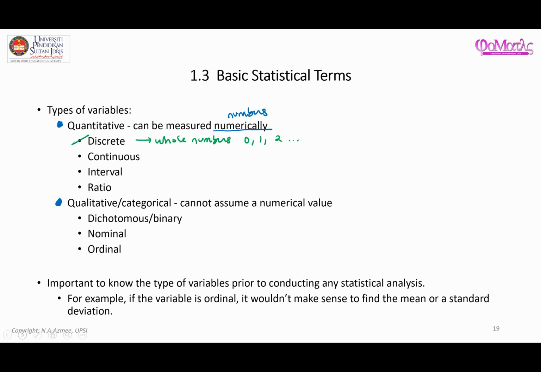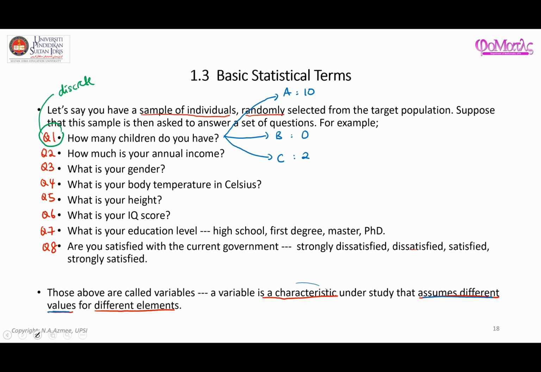As an example, this is a continuous variable because somebody's annual income can be 50,436 and 66 cents, and somebody else can have an annual income of 100,000 and 345 ringgit 0.73 cents. So it can be any values, and the values are not limited at all. So this is an example of a continuous random variable.